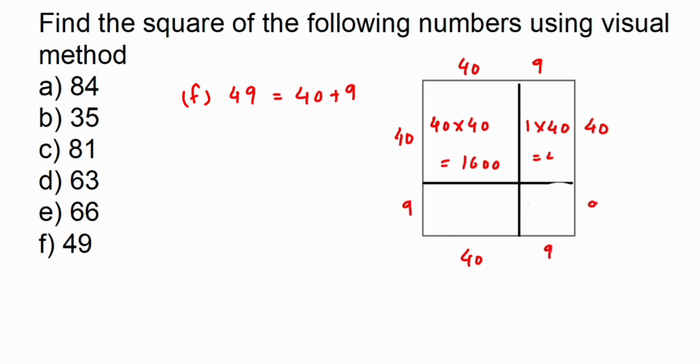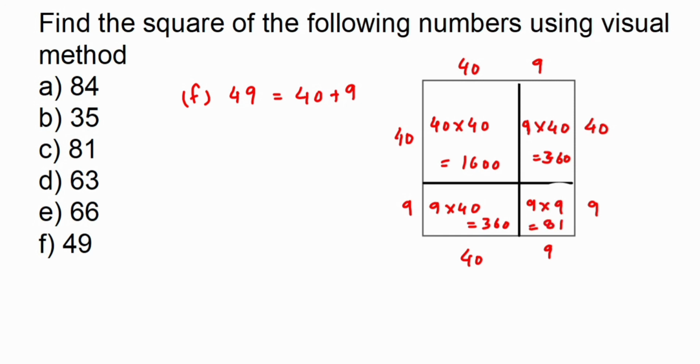Okay, so 9 into 40 we have to do. So 9 into 40 will be 360. Even here also 9 into 40, which is nothing but 360. And the last part, 9 into 9 will be 81. Now let's add all of them.